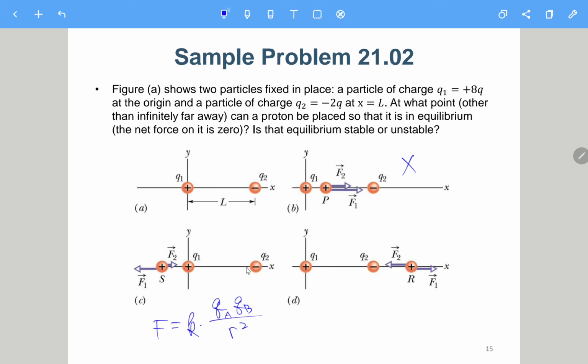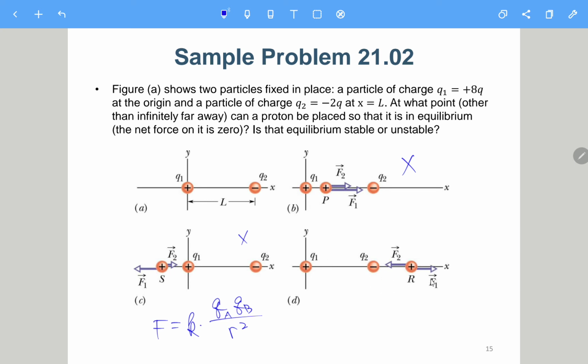For the distance between Q2 and the proton, you at least need to add this part, which must be larger than this one. And this term is in the denominator, which means that the smaller the denominator is, the larger the force will be. So you can imagine that F1 is always larger than F2. So in this case, F1 and F2 cannot cancel each other either.